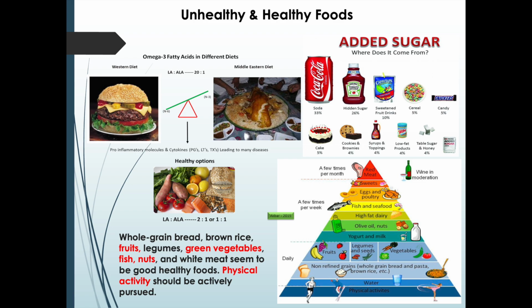Otherwise, eating that beef burger, and with the mandi, you are going to increase omega-6, and the pro-inflammatory molecules will generate, leading to many disease conditions. And added sugar, as I told the brother, how much sugar is added in a cold drink like Coca-Cola, or hidden sugar, 26% in Heinz tomato ketchup, and all those, you can see how much it is there.